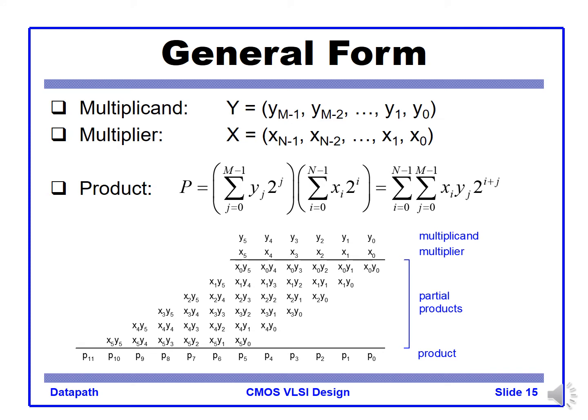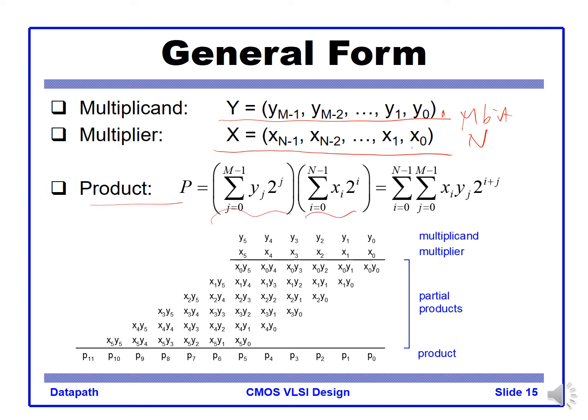In general form, the multiplicand y can be represented with m bits, and the multiplier x is represented with n bits. The final product is just the mathematical representation of those.